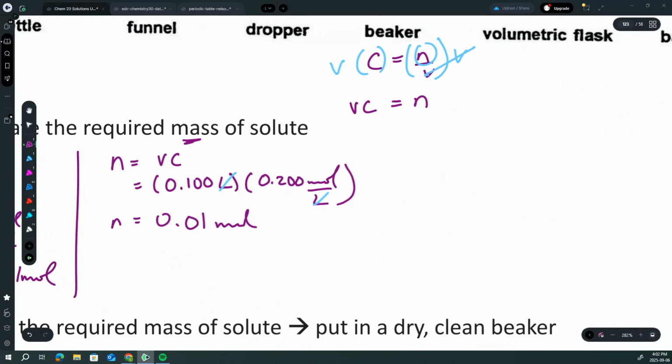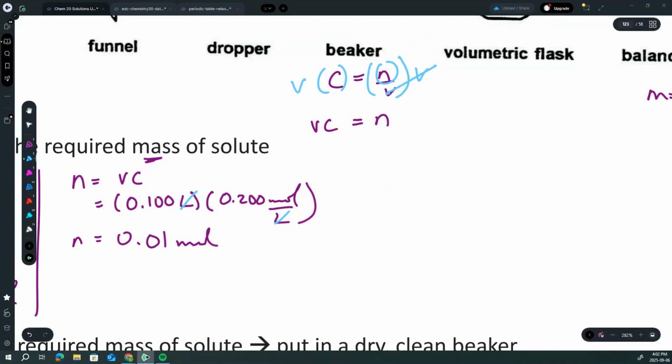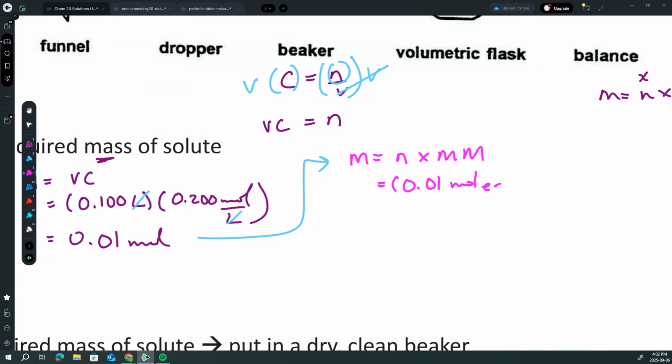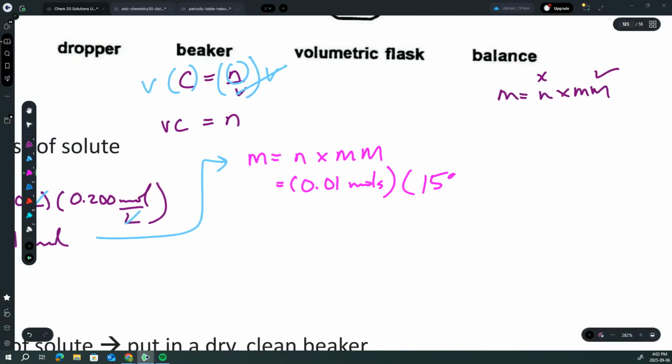Okay, so now that I have moles, I'm going to figure out mass. Let's do that in a different color. Mass is equal to moles times molar mass. So we have 0.01 moles times our molar mass of 159.62 grams per mole.